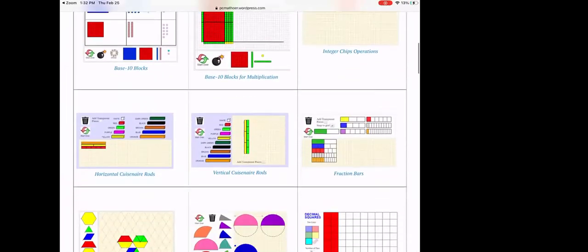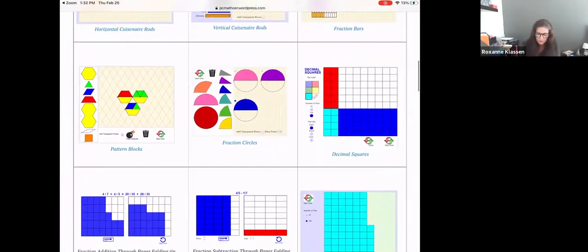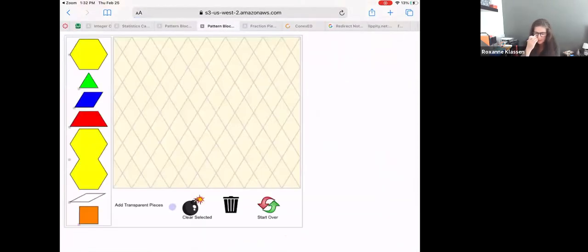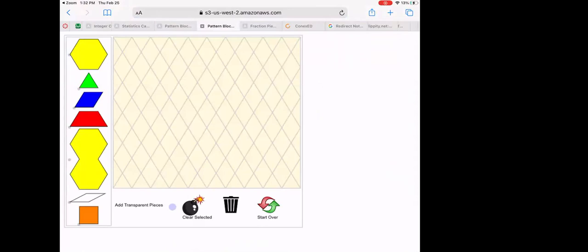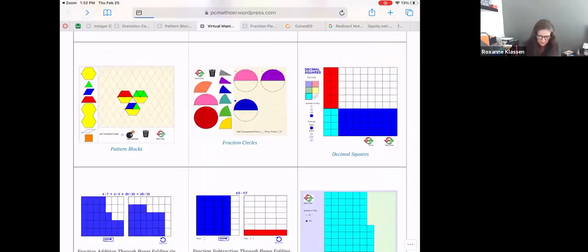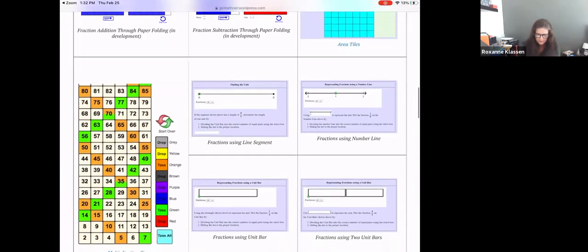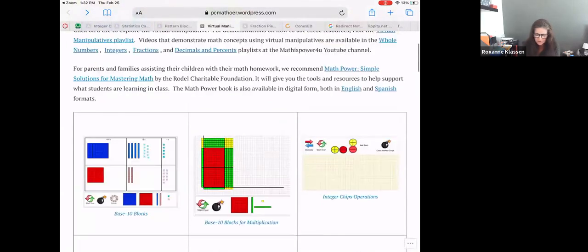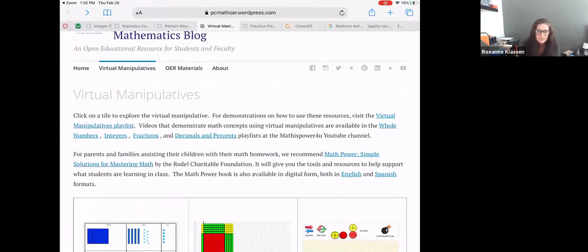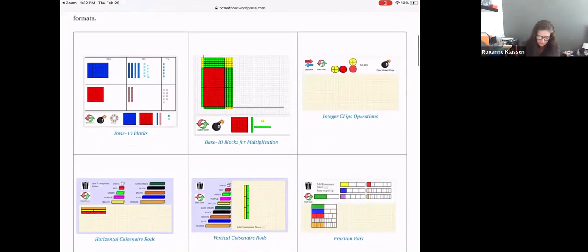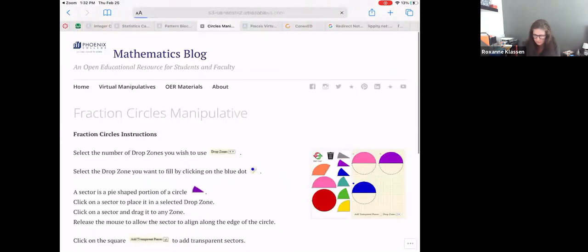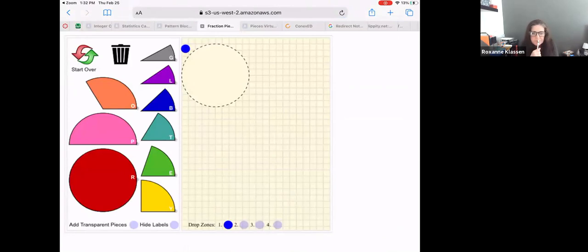You can see them all on this screen, and whichever one you want, you just click on it and it brings that up. I bookmarked this page with all of them on it. If I say I want fraction circles, you go to this bookmark, click fraction circles, and push one more button. But that's it. Oh, okay. Cool.